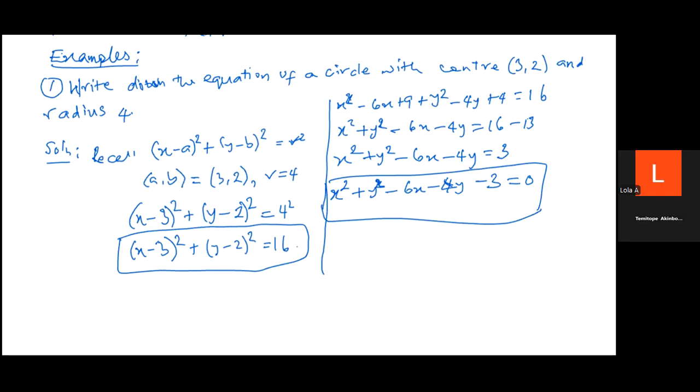So write it down. If the question is silent about the mode in which you are to leave your answer, just like this one where you just write down the equation of the circle, the way we have written it as (x minus 3) squared plus (y minus 2) squared equals 16 is sufficient, because the question is silent about the mode in which you should leave your answer. Is that clear? Yes, sir. Okay.